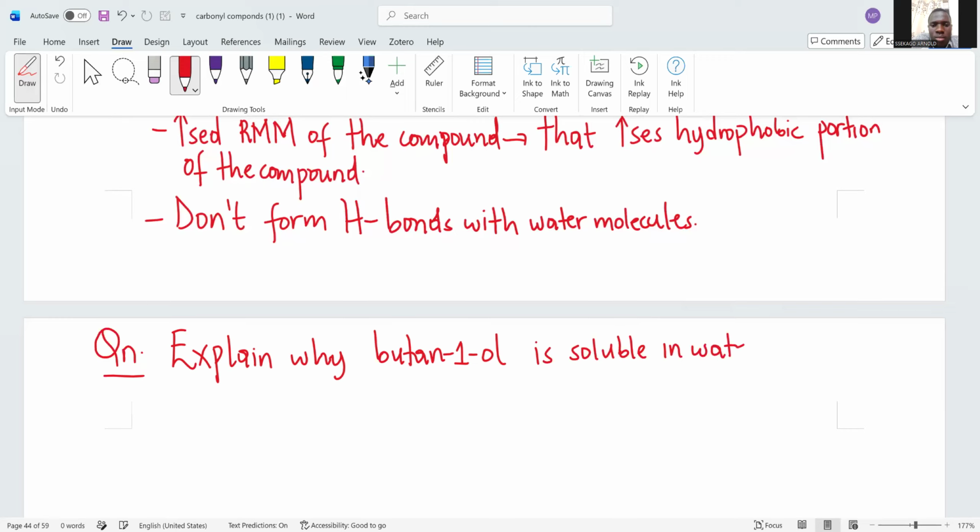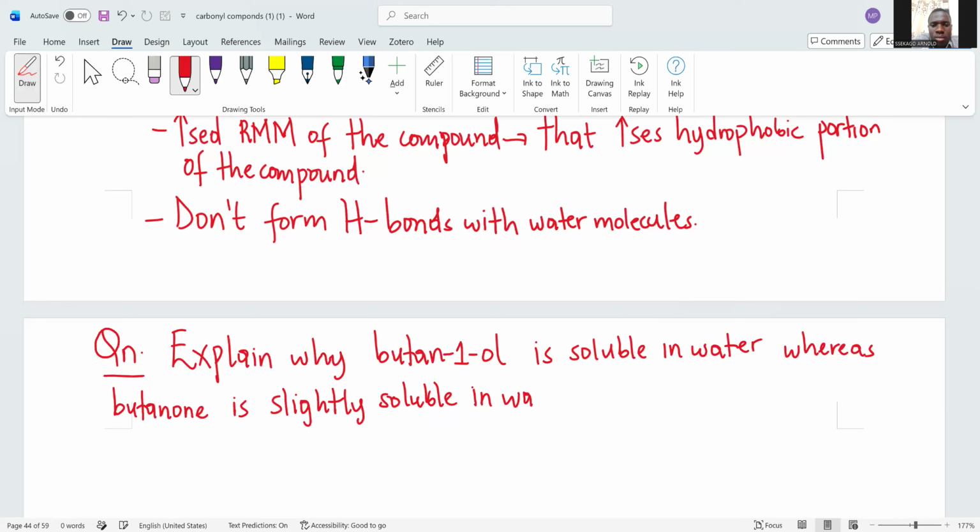Explain why butyl alcohol, butan-1-ol, is soluble in water, whereas butanone is slightly soluble in water and other polar solvents.